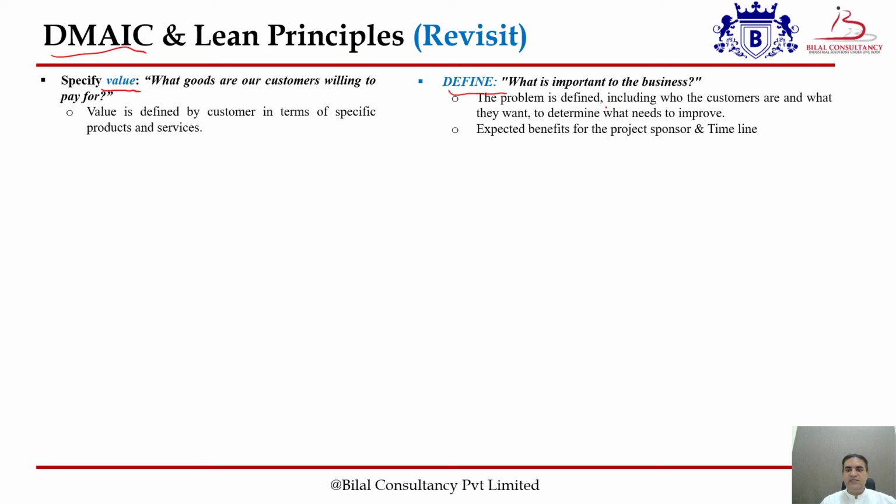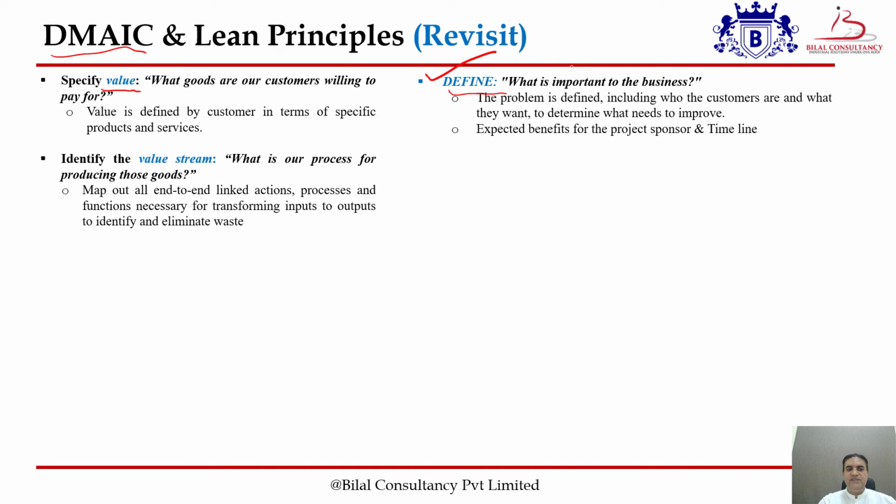Who's our customer? If we are going to perform this project, how long would it take to complete? What are the financial benefits we can get after the completion of this project? In the define phase, all the questions, tools and techniques are trying to answer these questions.